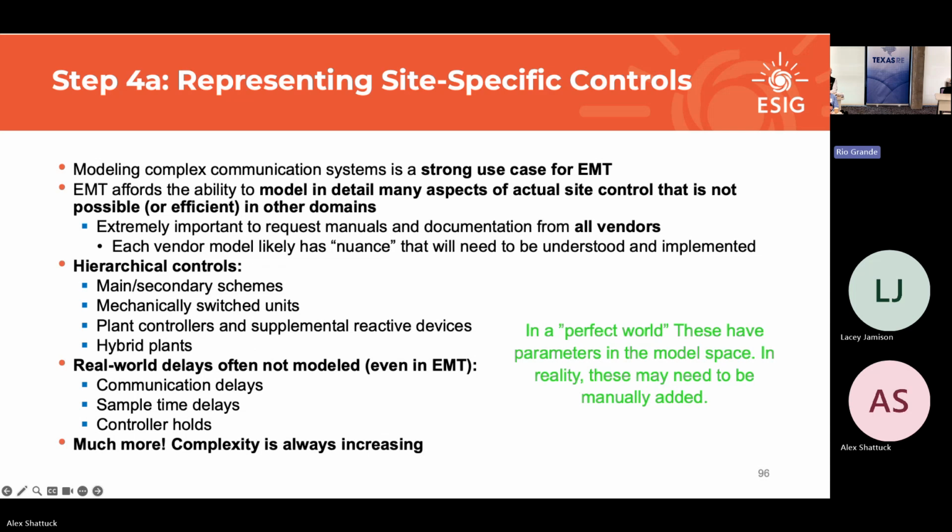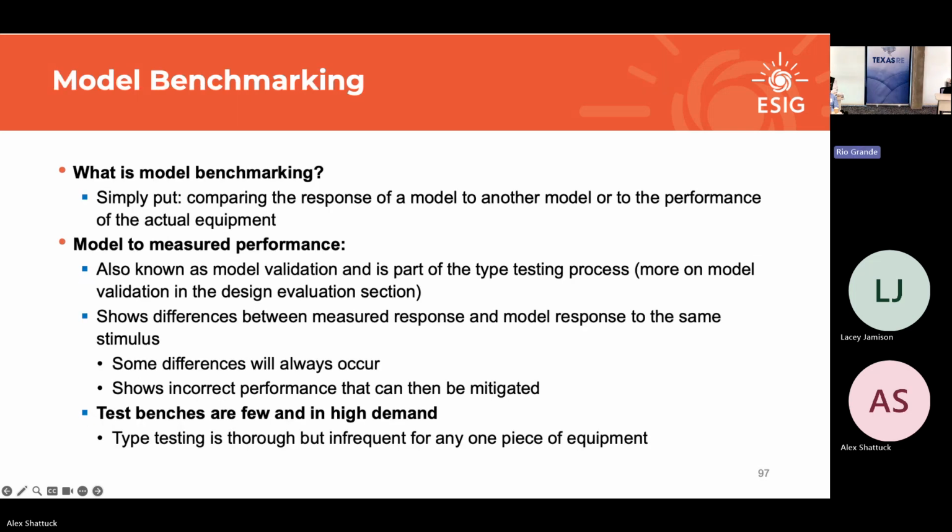So it's very possible that you have perfectly tuned and communicated controls during all of ERCOT's model quality tests and your interconnection tests, and then some condition on the system puts you toward some operating point, and now you're oscillating against each other. So catching those things and running those different tests, bookending as well, is very important.